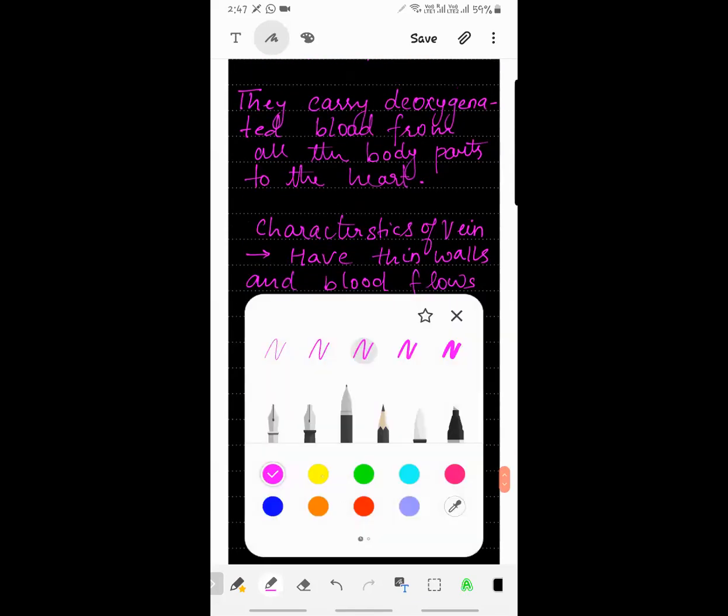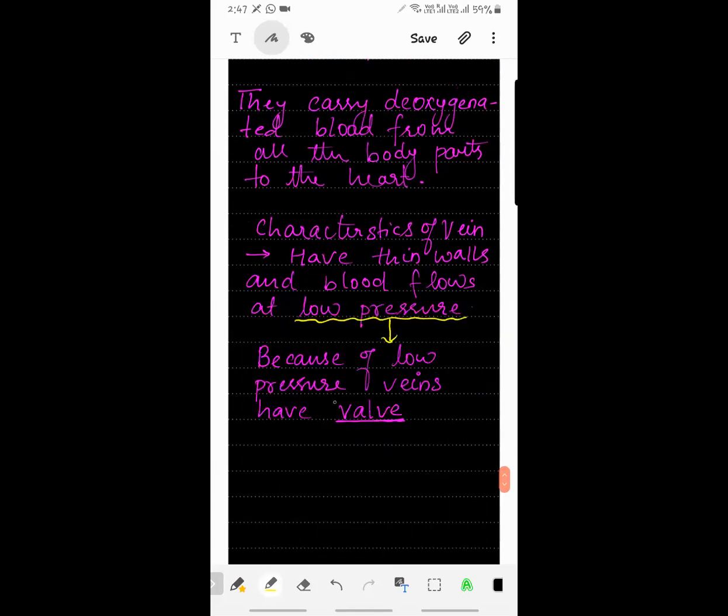The valve prevents the backflow of blood in the blood vessel. This is the function of the valve.